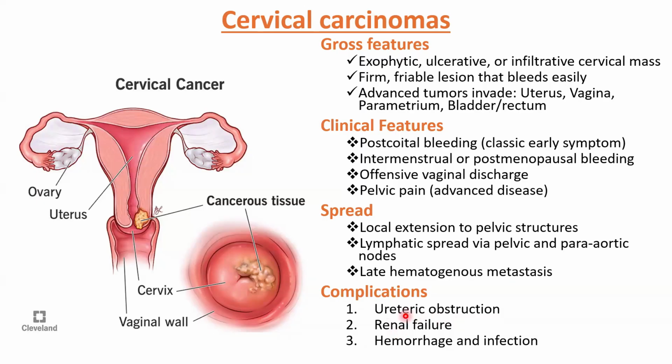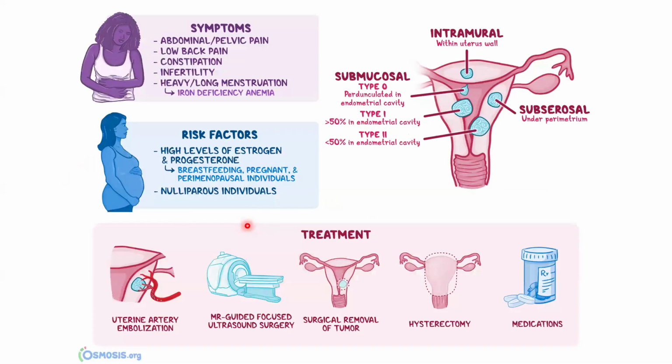Once you have urinary obstruction, it can predispose to renal failure, or maybe this renal failure comes due to obstruction, or maybe also due to spread into the kidneys. And so it can lead to hemorrhages and infections.